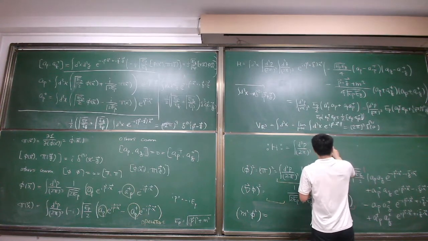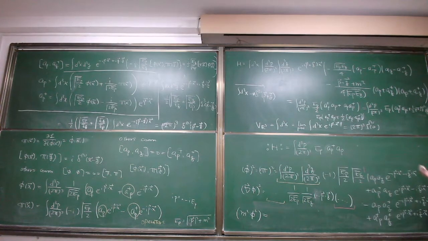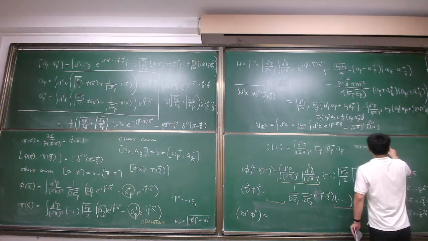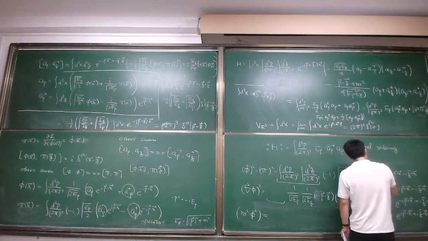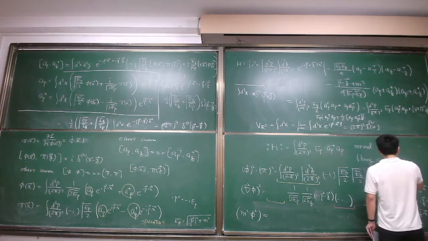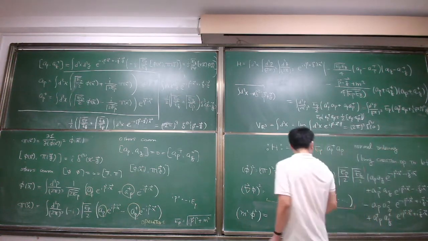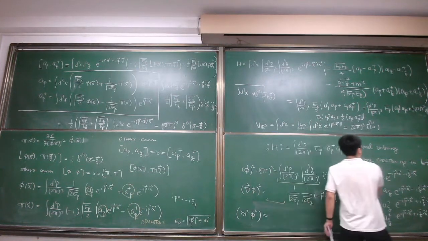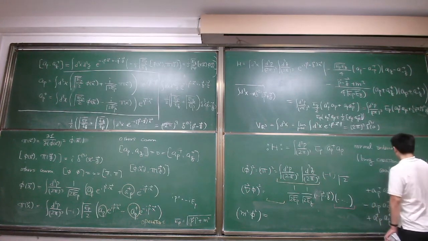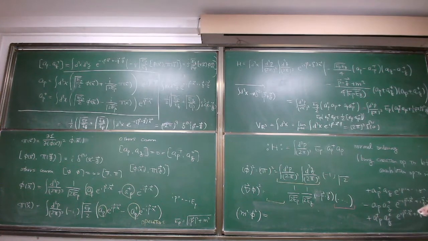So normal ordering is the procedure: bring the creation operators to the left, and the annihilation operators to the right. This is the operation.